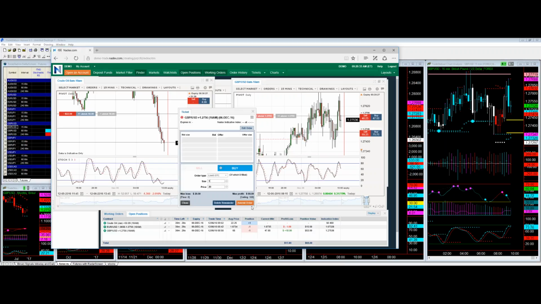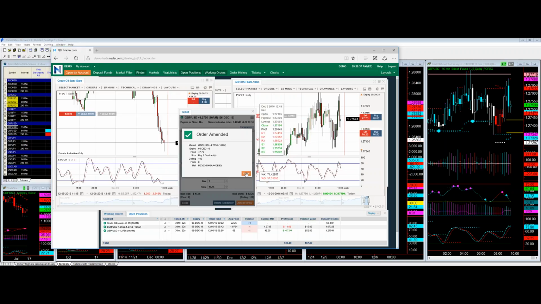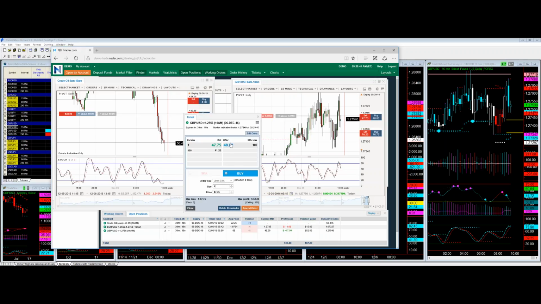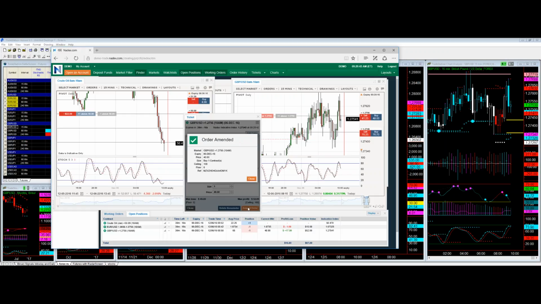I don't really like what that's doing, so I'm going to amend the order simply because I do not like what that price bar is doing.